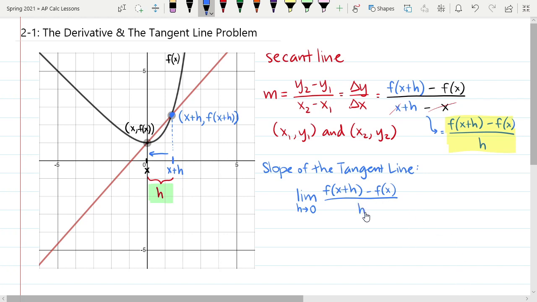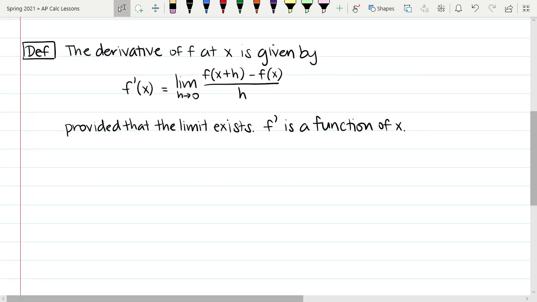In calculus, the slope of the tangent line is better known as the derivative. So we are now looking at this thing called the derivative, which represents the slope of the tangent line to a function. So here's our definition then for the derivative.